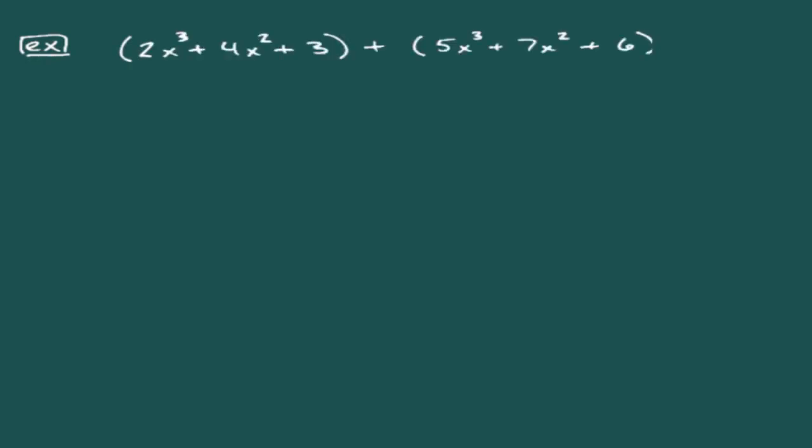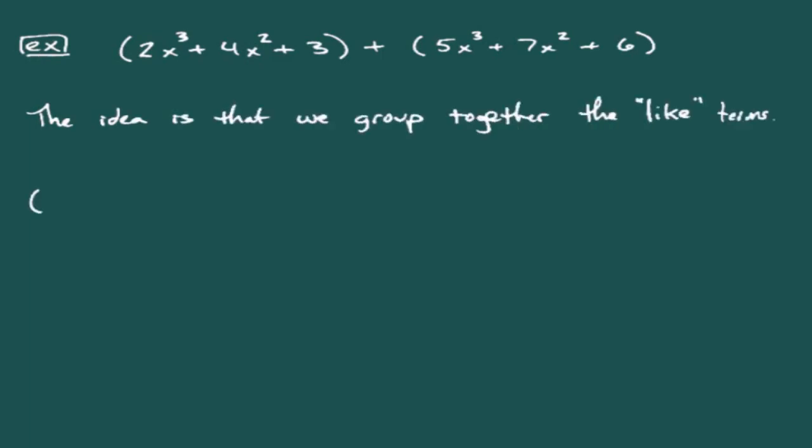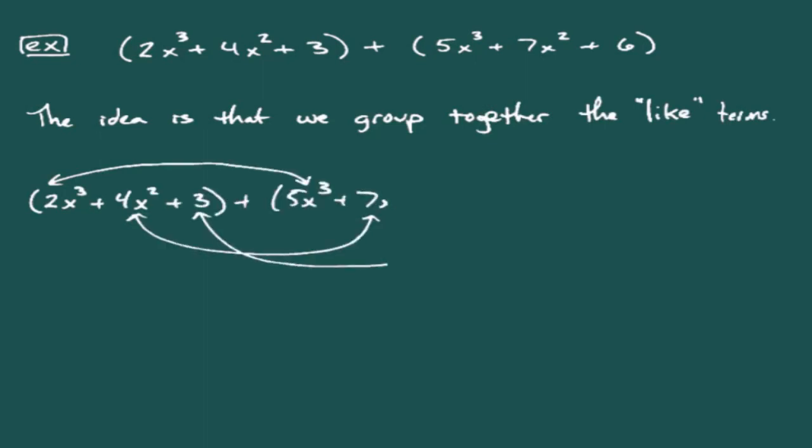So when we're doing polynomial addition, the idea is that we are just combining the like terms. We're grouping the variable parts that match together. And so if I had something like 2x to the 3rd power plus 4x squared plus 3, and I was adding on 5x to the 3rd power plus 7x squared plus 6, I'm going to see which ones end up being like terms.